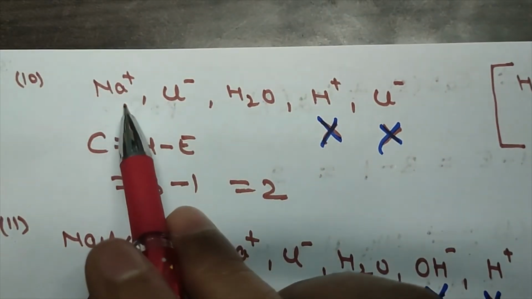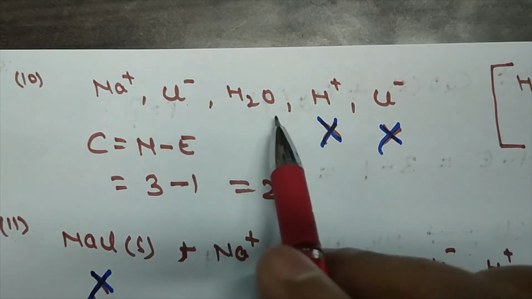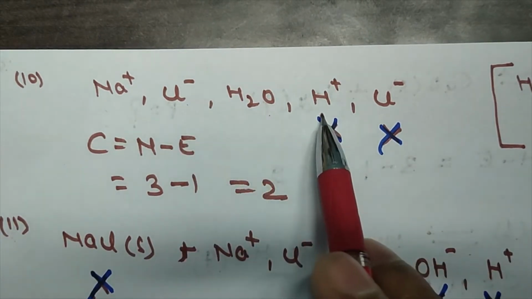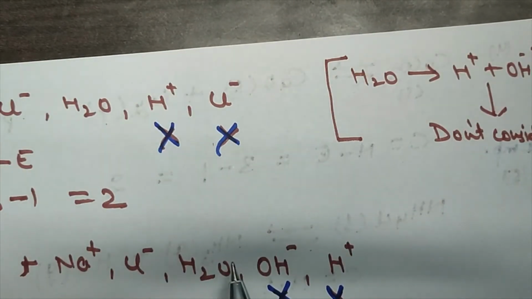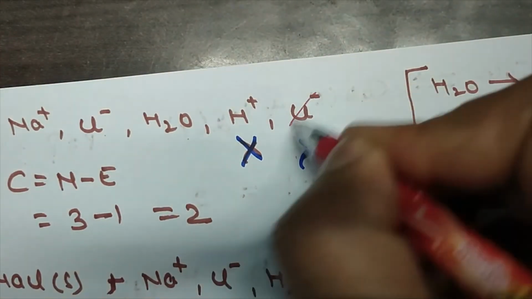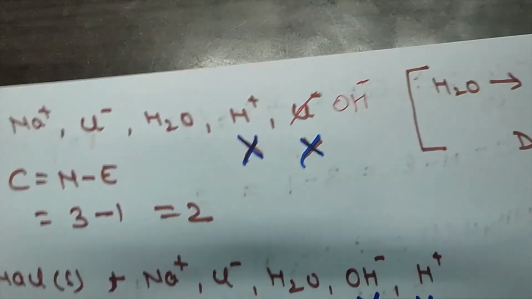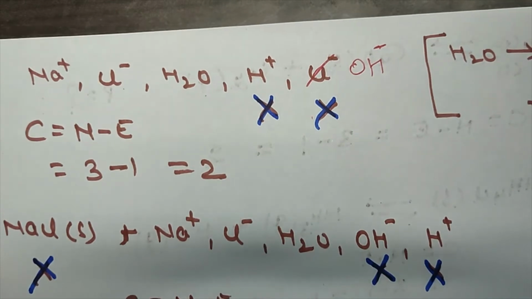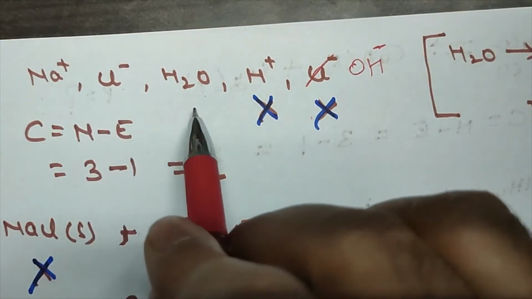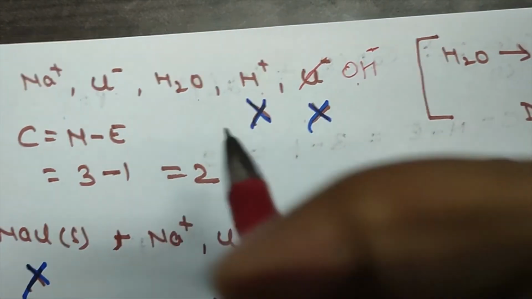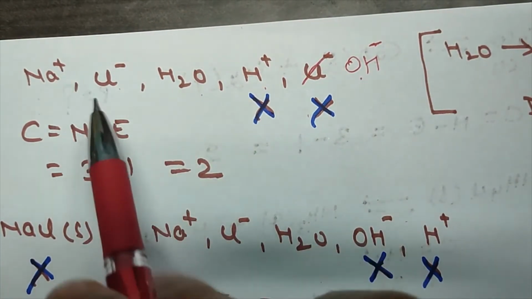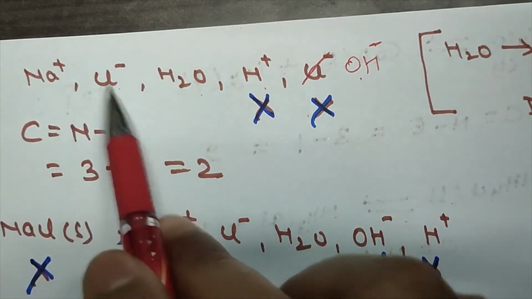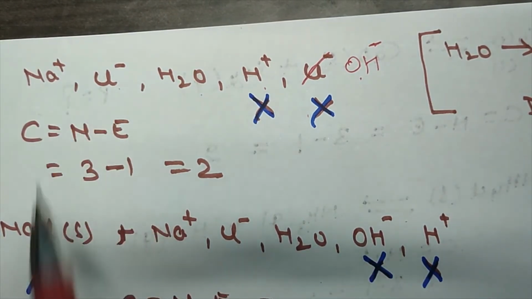Again, Na plus, Cl minus, H2O, H plus, Cl minus. Okay, this one is by mistake, it will be OH minus. Okay guys, Na plus, Cl minus, H2O, H plus, OH minus. Again, if I'm talking about solids and their ions, then don't consider the solid of those ions, like you have checked in the previous questions.